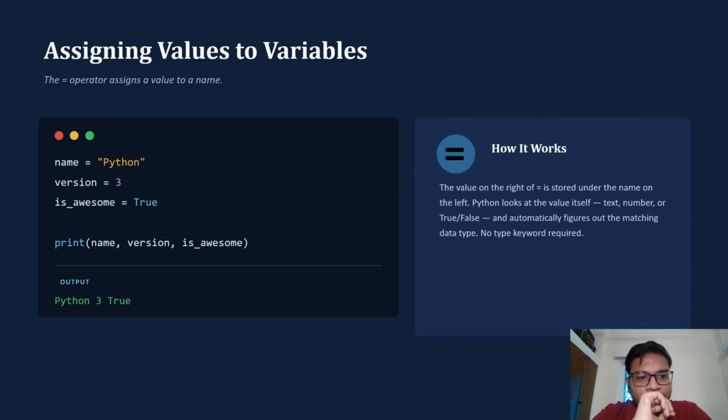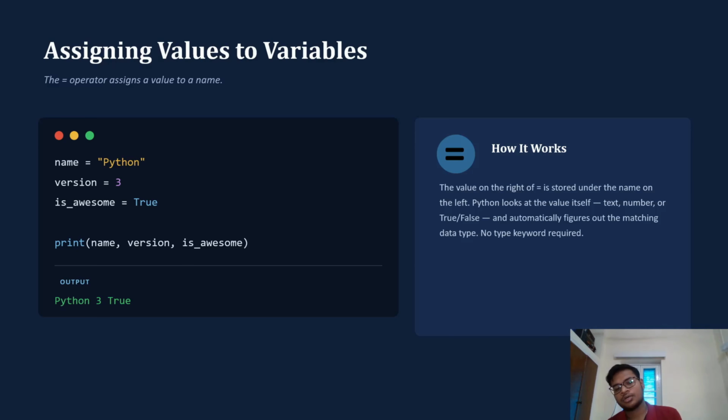So let's move further to assigning values to variables. What does it mean? We assign a value to any variable name with the help of the equal to sign. The equal to operator assigns a value to the name. Let's take an example: name equal to Python, version equal to 3, is_awesome equal to True. True is the boolean data type, which I will also tell you about in brief.